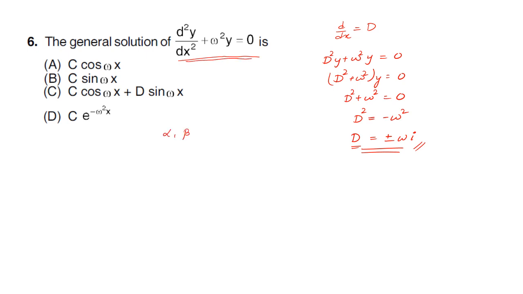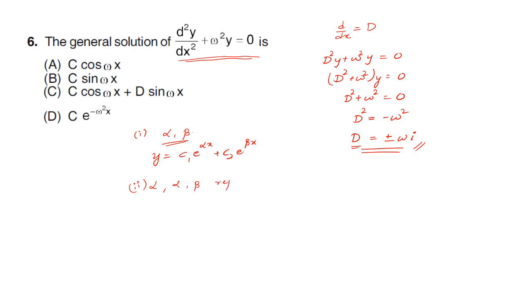If the roots are alpha and beta and they are distinct, the solution will be y is equal to c1 e raised to alpha x plus c2 e raised to beta x. The second case is if the roots are repeating.